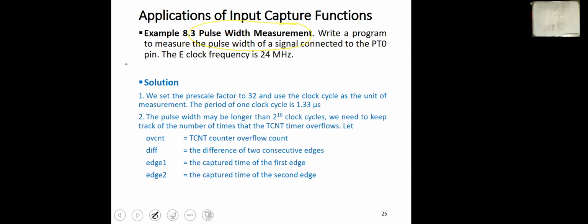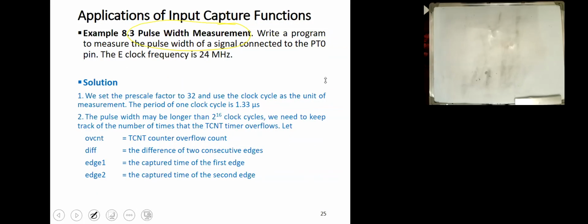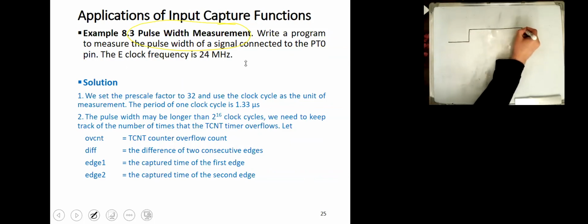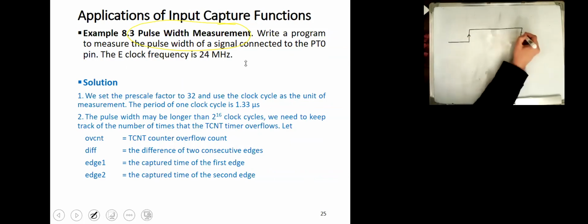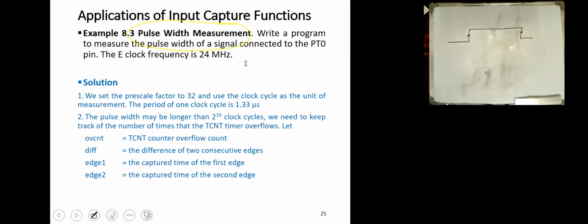So basically, we have a pulse that we want to measure its width. This is the pulse, and let's say it is a positive pulse, which means it is a high pulse. In order to measure the width of the pulse, we need to record the time of this rising edge and the time of this falling edge.